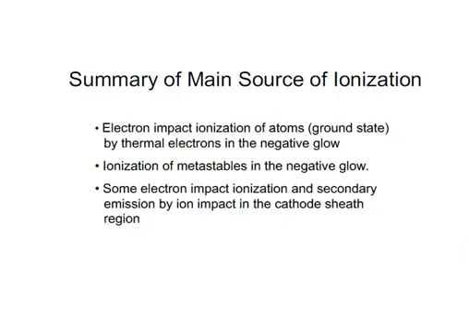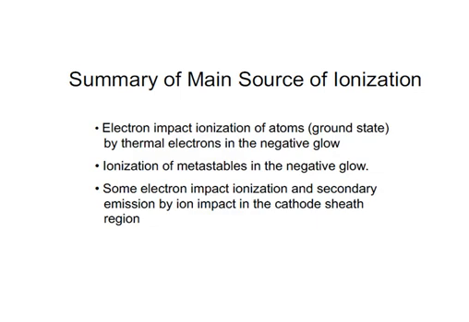So the summary of the main sources of ionization in the DC glow discharge, listed here. Electron impact ionization by thermal electrons in the negative glow is the most important part.